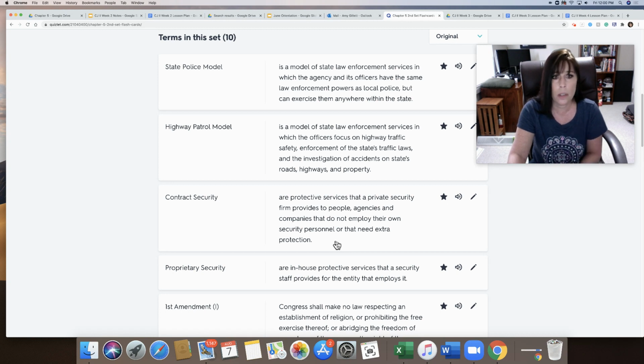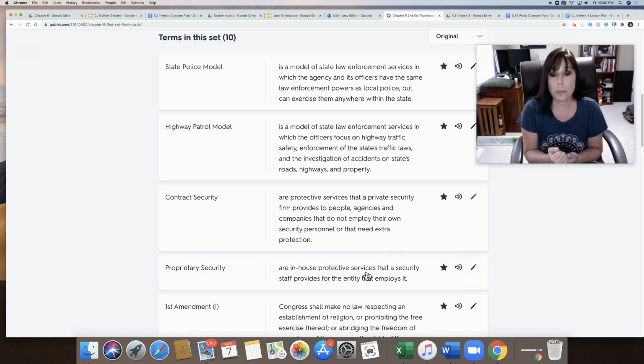And we actually talked about this quite a bit last year, so I'm hoping you remember this. Proprietary security are in-house protective services that a security staff provides for the entity that employs it. So you work directly for the company.